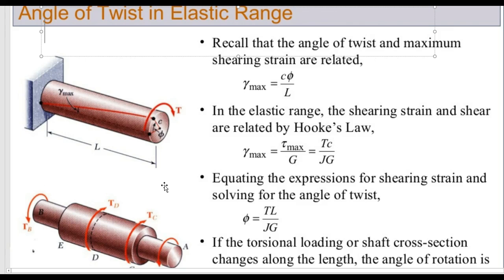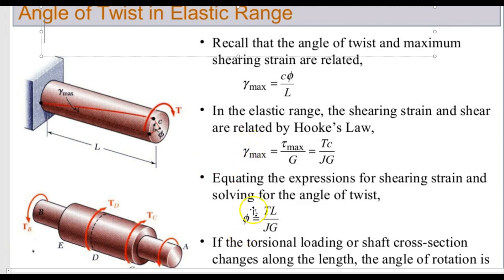The first is this slide showing the angle of twist in the elastic range. And the important takeaway from this is just that gamma, which is on the axis of the shaft, and phi, which is on the cross section of the shaft, are proportional to each other by the length of the shaft and also by the cross-sectional radius of the shaft.